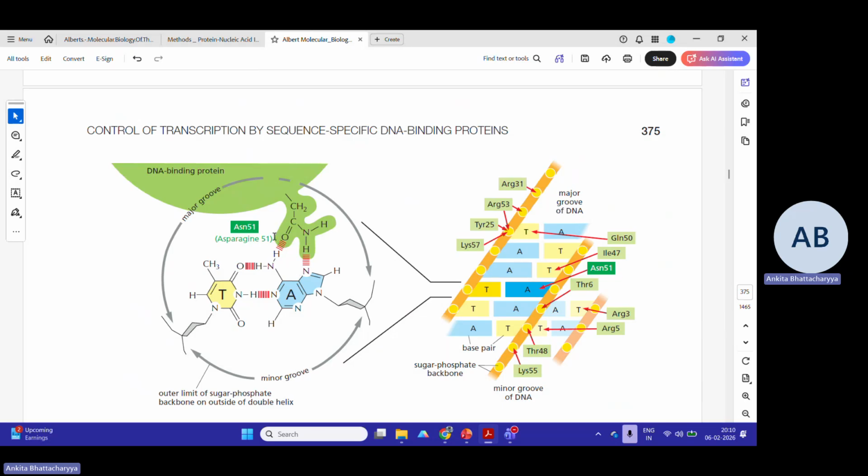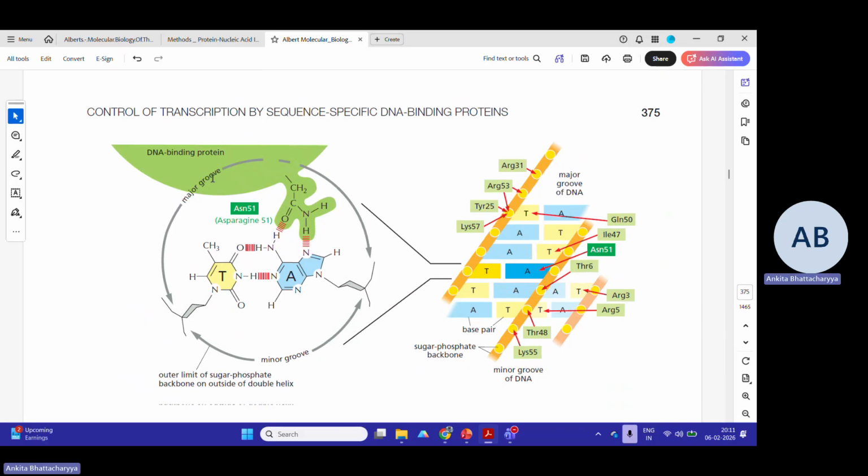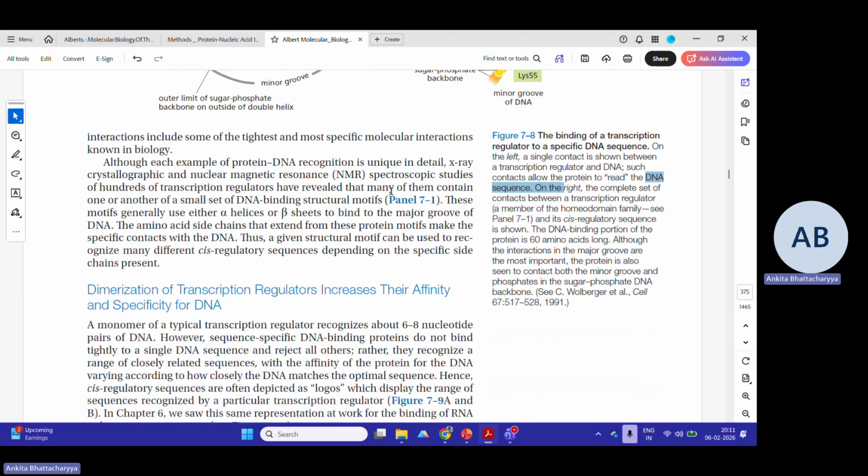How is it able to read it? Because of the presence of the side chain, or substituent group, which is a part of the DNA binding protein. It is able to form certain types of interactions only if a certain type of sequence is present inside the groove where it has extended its protrusion.